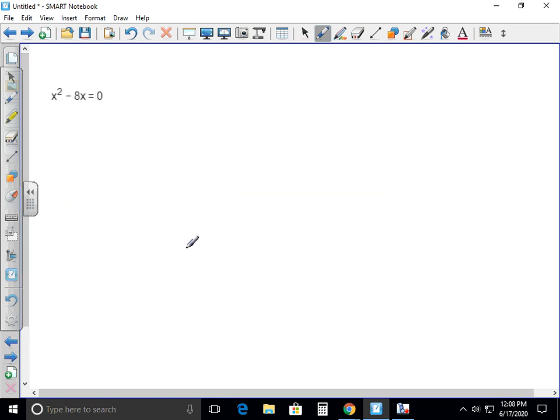Okay, this one has a 0 on one side, so that's good. We need the other side factored. We only have 2 terms, but remember the very first thing we look for. We don't look for, is it a difference of squares or a difference of cubes first. We always look for a common factor before we do more sophisticated things. Both terms have an x in common.